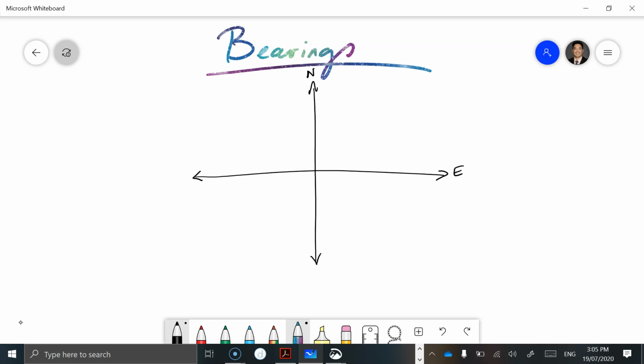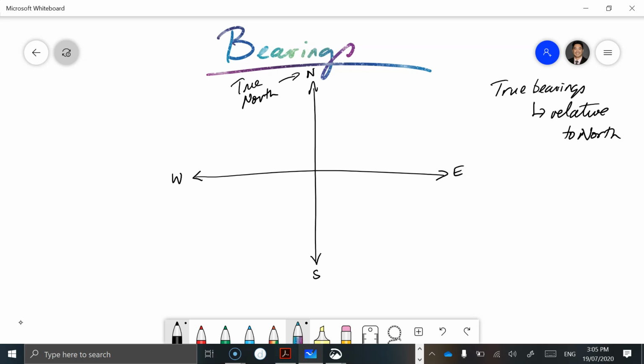We've got north, east, south, and west. And what I want you to understand is that true bearings are all relative to north. Here we have true north.